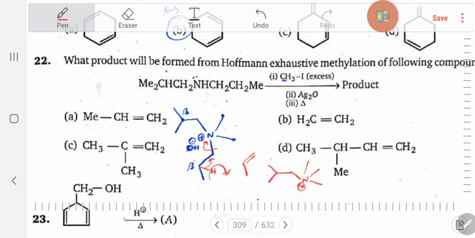Now this is the only beta hydrogen. This is alpha and this is the only beta hydrogen. Now base will abstract hydrogen from here. Then this bond will be shifted here, this bond will be shifted here. Now the product obtained is this one, and you got a double bond here, and N methyl, methyl, methyl, right? So these are the two alkenes generated.